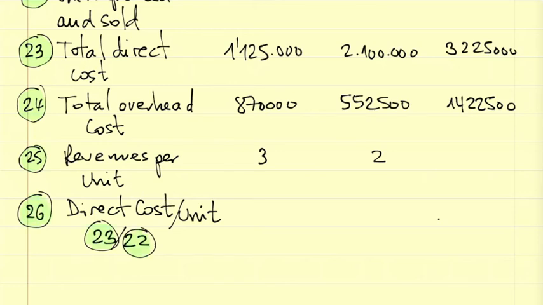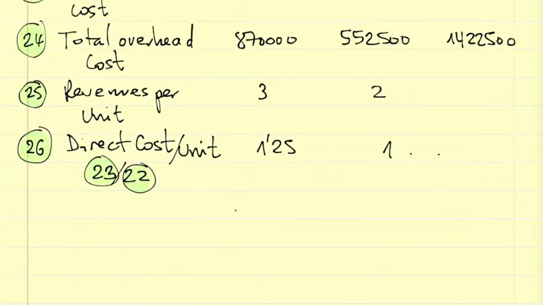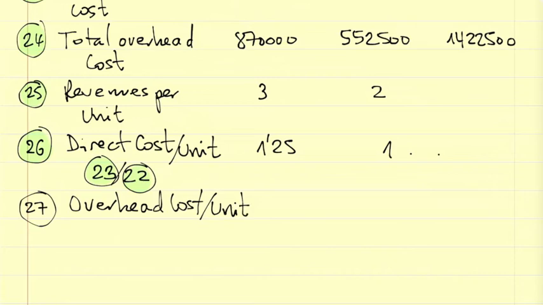And this gives us 1.25 and 1. And we have the overhead cost per unit, which is dividing 24 by 22. And this gives us 0.97 and 0.26.